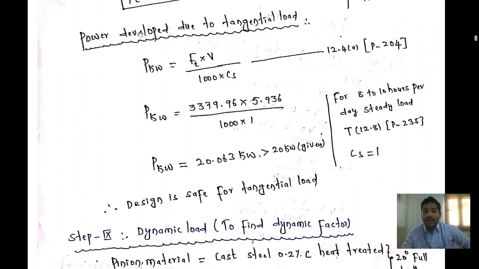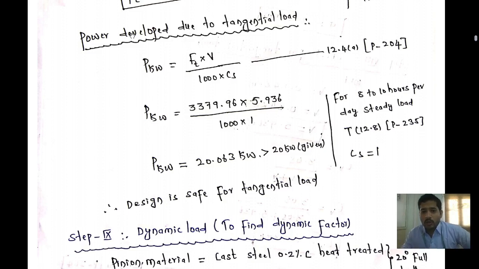After that, we need to find out how much power is developed due to the tangential load, to check whether the design is safe or unsafe. For this purpose we need to check it over here, because we know very well that in the question the power is given as 20 kilowatt. Whatever answer we get should be greater than the value given in the question. If it is, then we can say that the condition is satisfied.